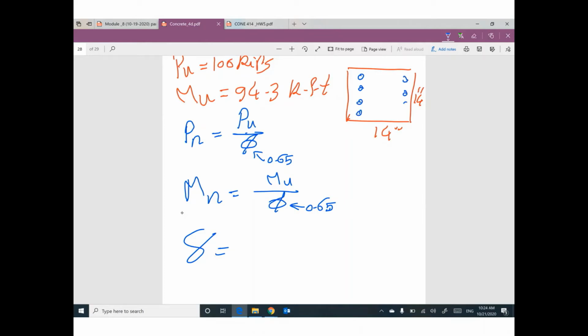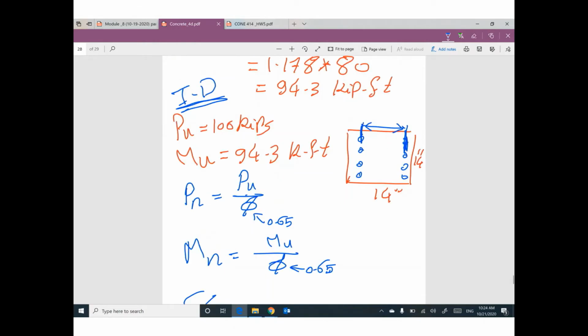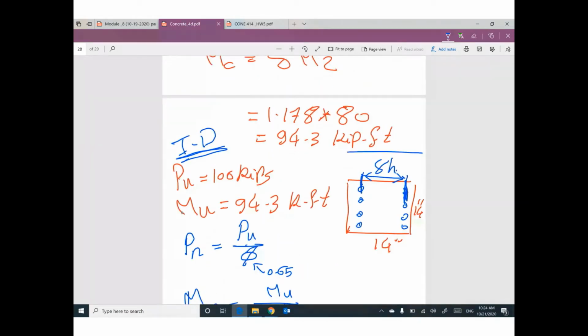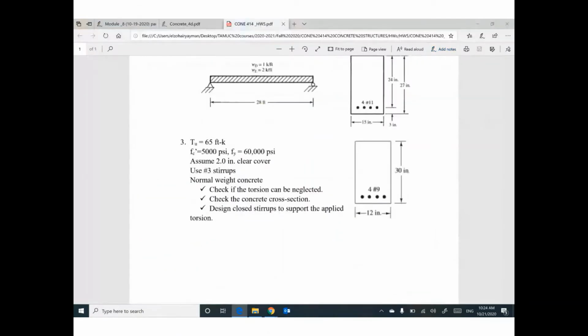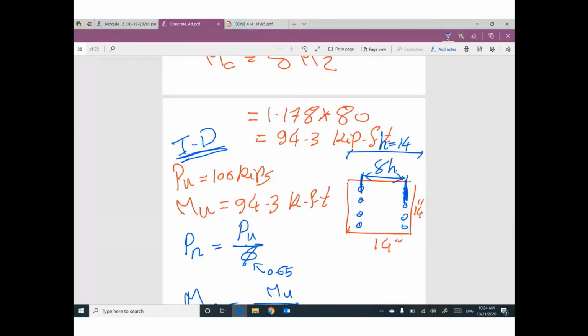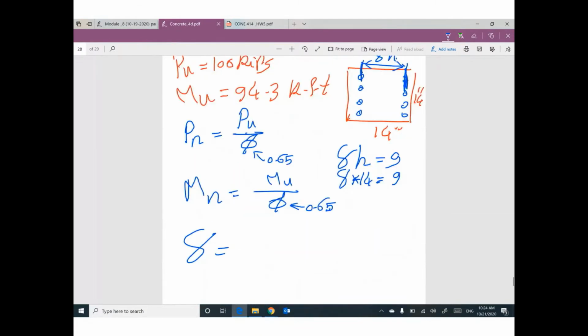The distance between this layer and this layer equal gamma h, and the value of h equal 14. Go back to this problem. The distance between this side and this side, how much? 9. So gamma h equal 9. Gamma times 14 equal 9. So your gamma equal how much?